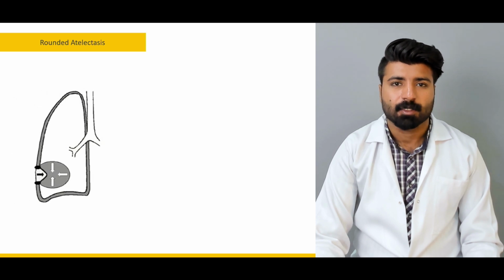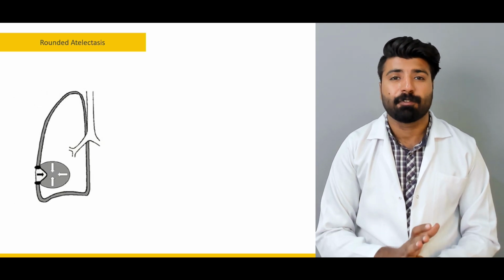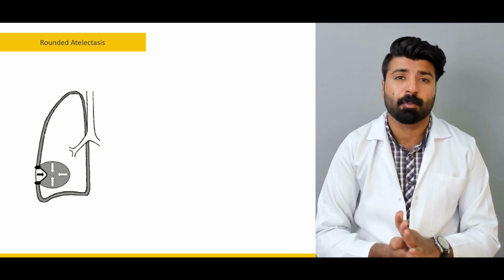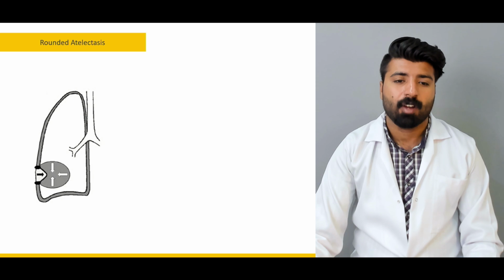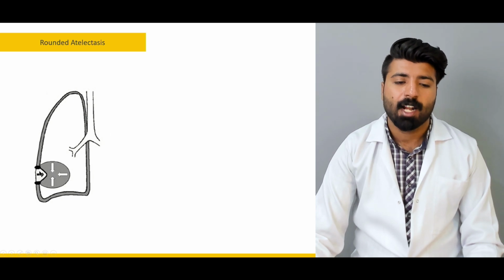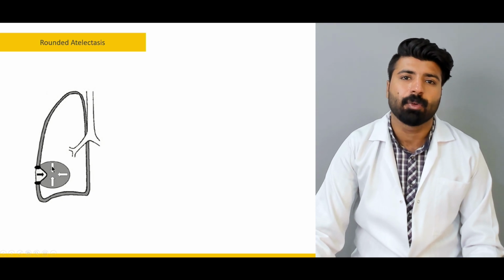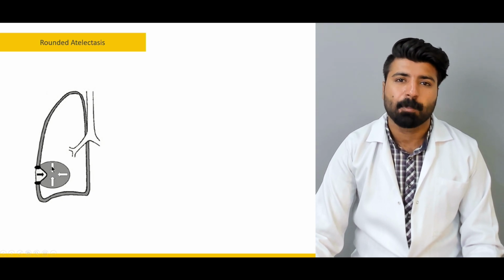Rounded atelectasis. This is the fifth pathology which will be seen in a patient who is suffering from asbestosis. In rounded atelectasis, the pleural space which was supposed to support and provide cushion has been compromised due to mesotheliomas or something else, and this will lead to pleural effusion, and that pleural effusion is going to put pressure on the lung.